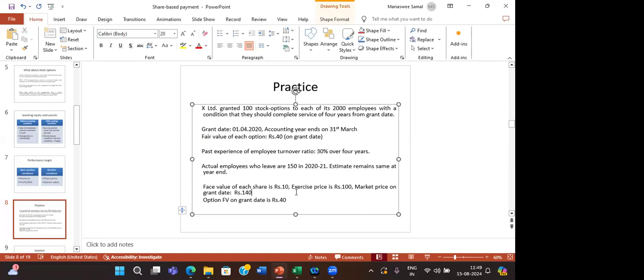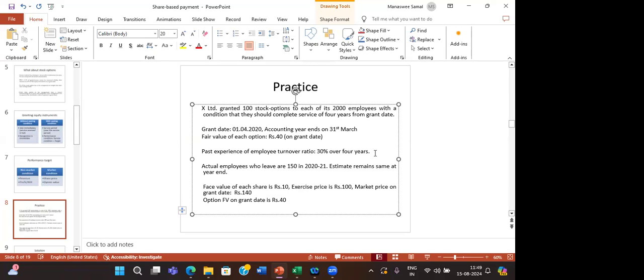And based upon your past experience of employee turnover, you just predicted that the cumulative number of people who leave within 4 years will be 600. That is 30% on the base figure of 2000 employees. So you are expecting that 1400 employees will fulfill the vesting condition and eventually exercise the option.